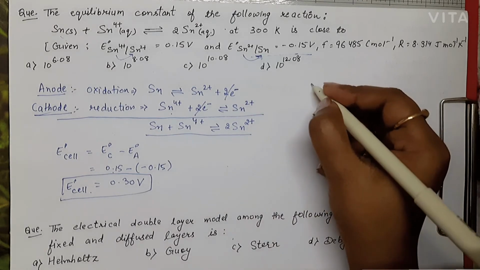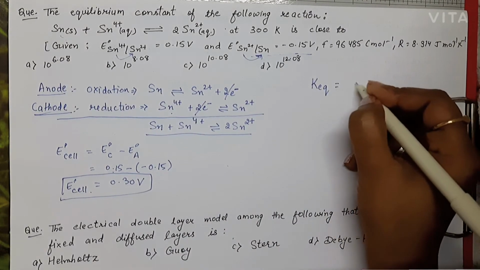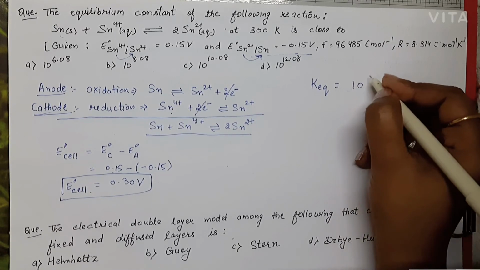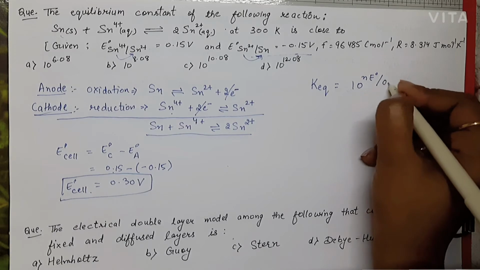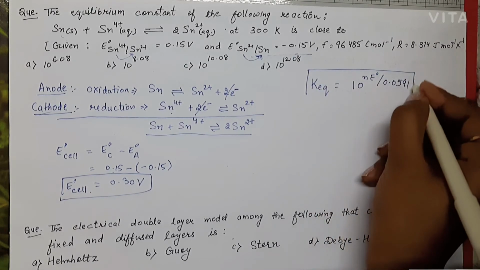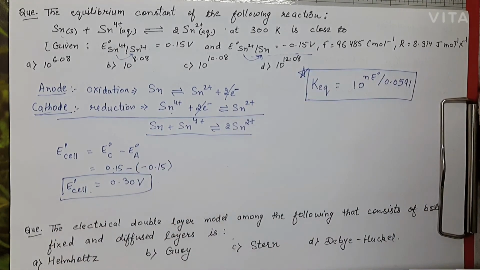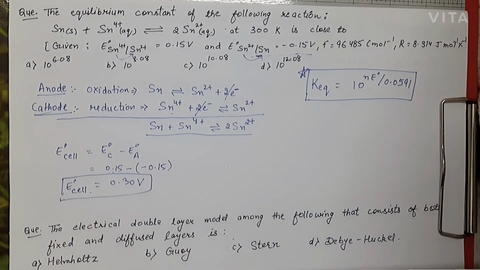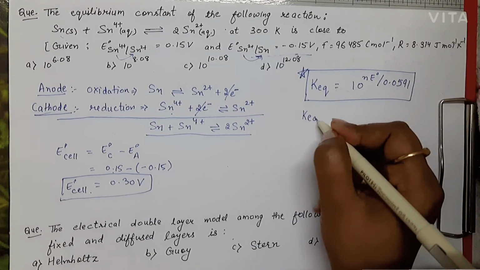So there is one relation which I would say you should learn, that is K equilibrium equals 10 to the power n E naught upon 0.0591. Now in this equation you just need to put the values.